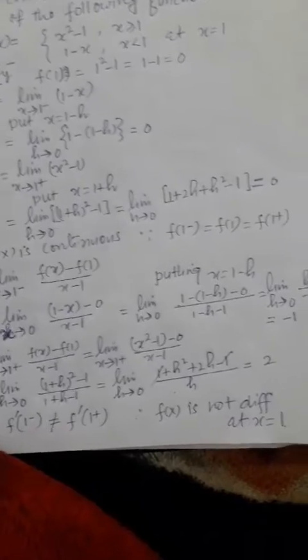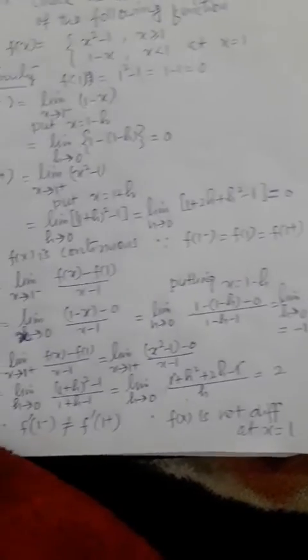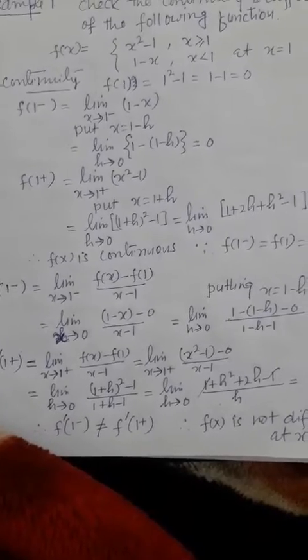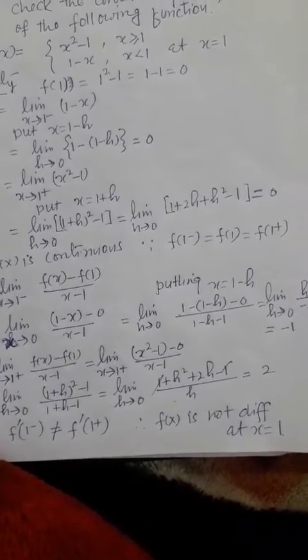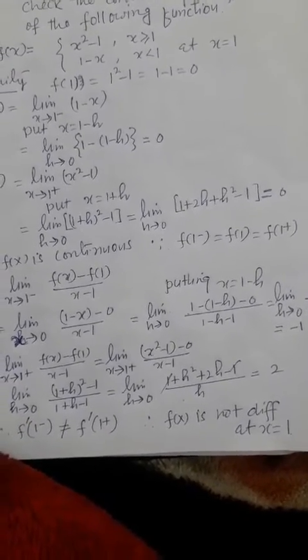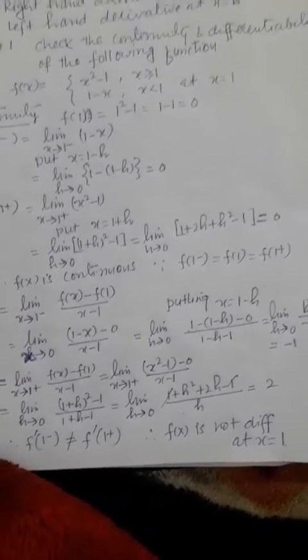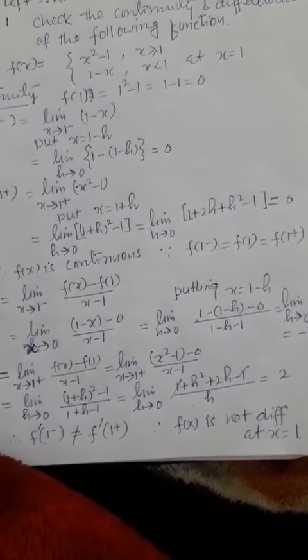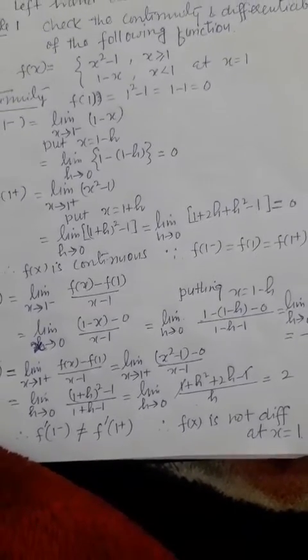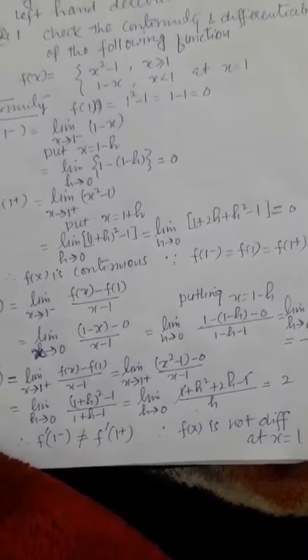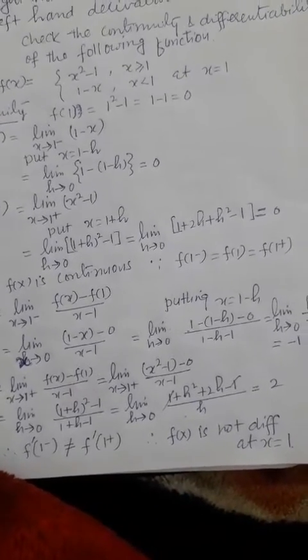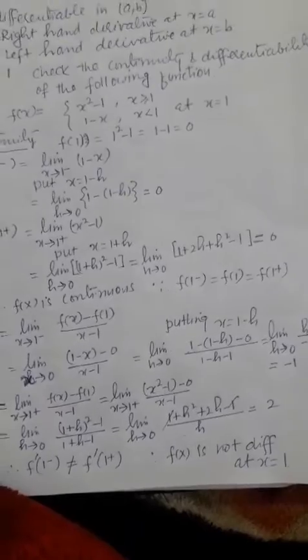You will find here minus 1. And the right hand derivative will be obtained as 2. So the left hand derivative at x equal to 1 is not equal to the right hand derivative of the function at x equal to 1. So we can say that the function is not differentiable.